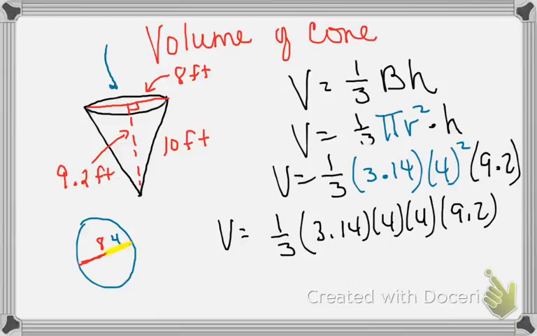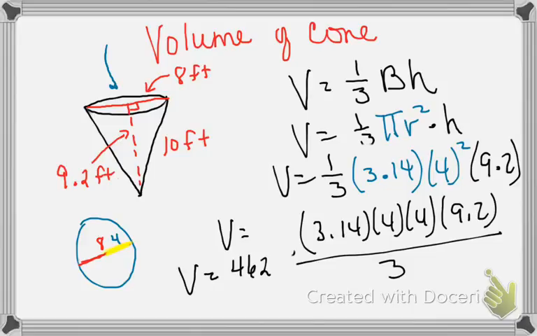I would put all that in first, then I would divide the whole thing by 3, for the 1/3. So let's put this in the graphing calculator: 3.14 times 4 times 4 times 9.2.